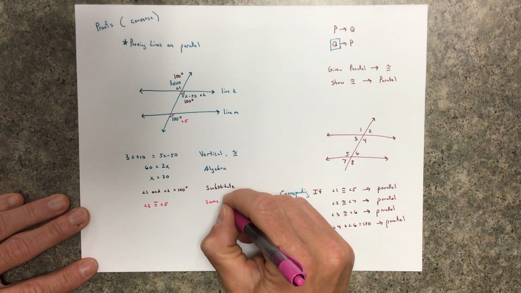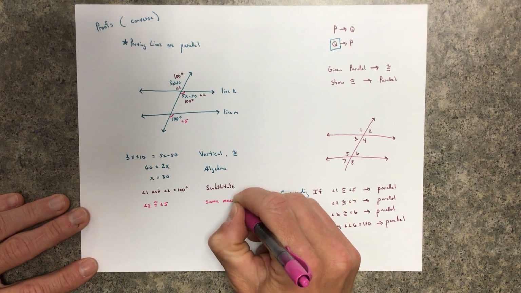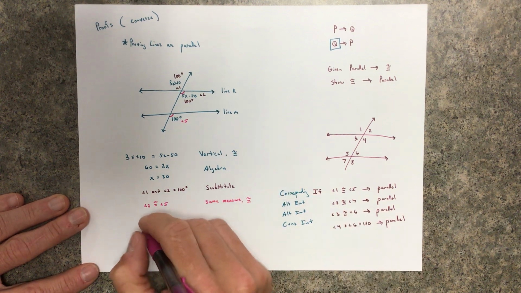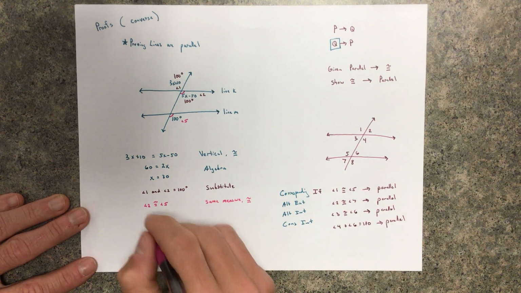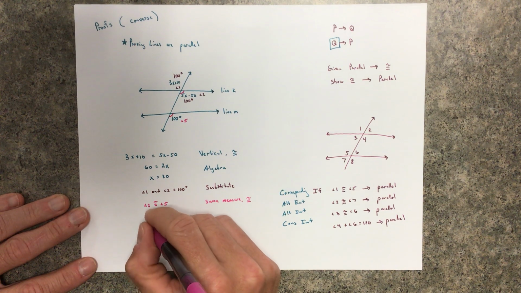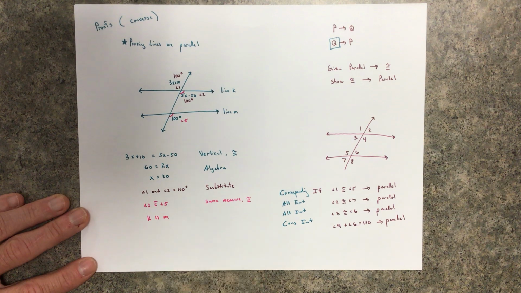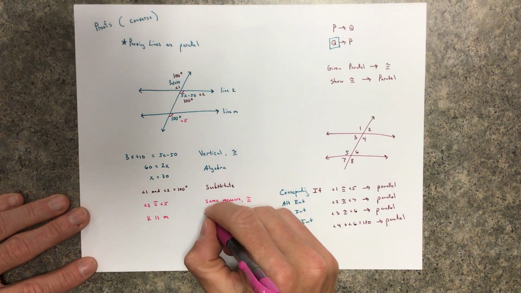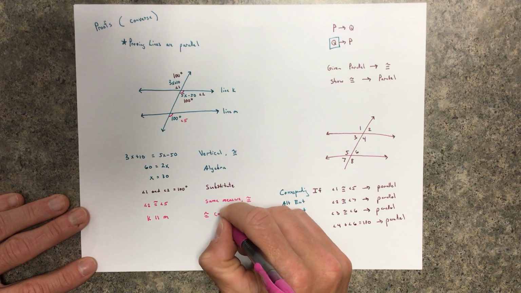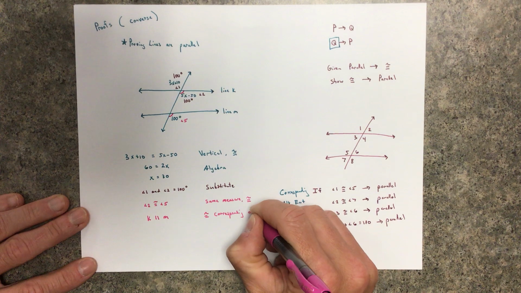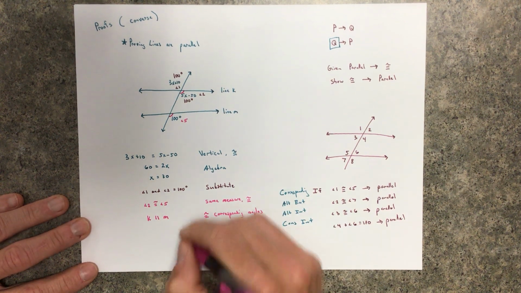That's the definition of what it means to be congruent. Now I can make the statement that line K is in fact parallel to line M. And why do I know that? Because I have congruent corresponding angles. And now I have my proof.